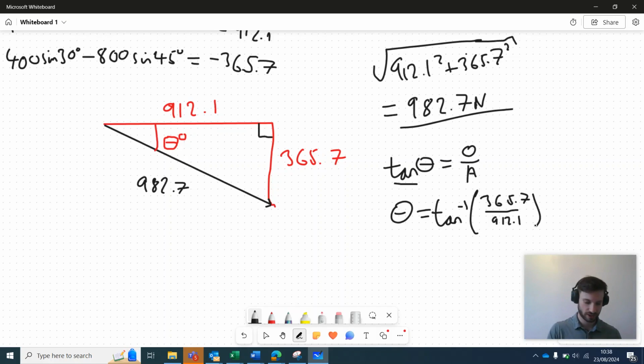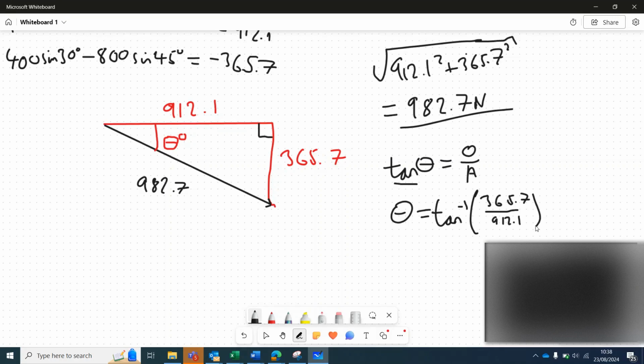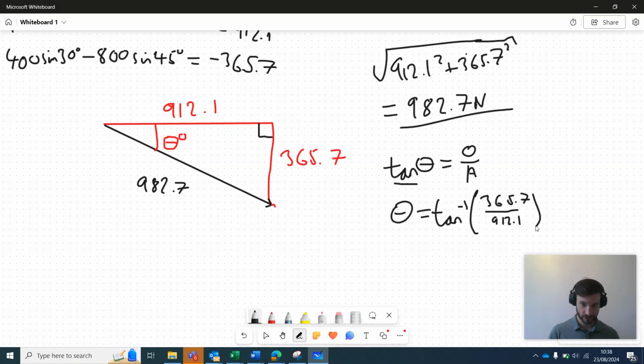Let's put that in our calculator: 365.7 over 912.1. That's 21.8 degrees. Awesome. And let's just underline that as well.